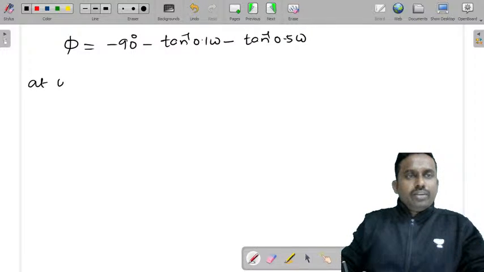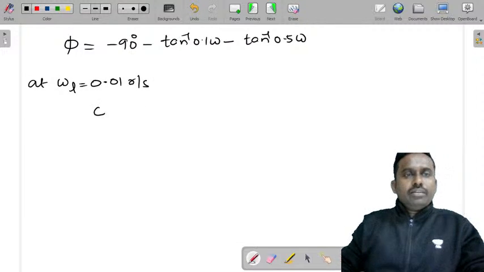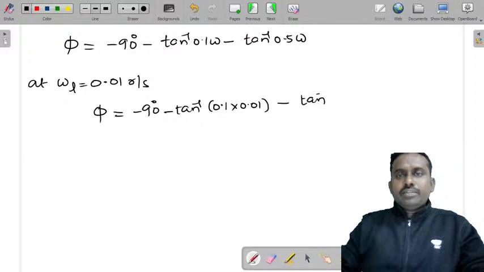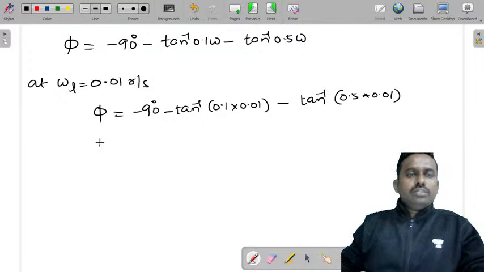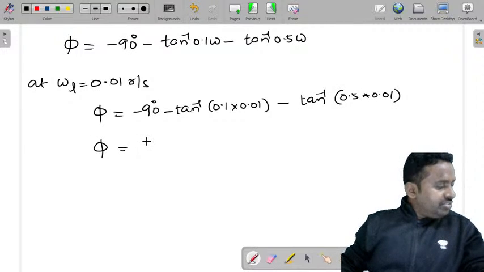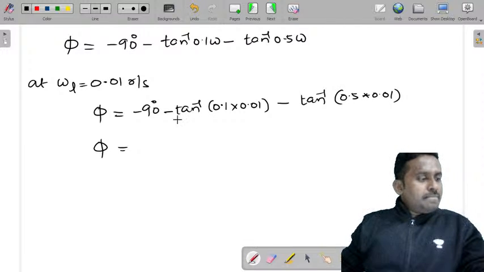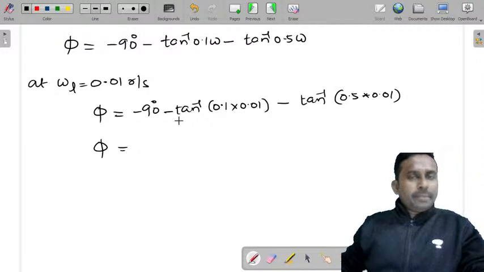Now at omega L equal to 0.01 radian per second, phi is equal to minus 90 minus tan inverse 0.1 into 0.01 minus tan inverse 0.5 into 0.01. Now calculate this phi, the phase angle. This is approximately equal to minus 90 degrees.